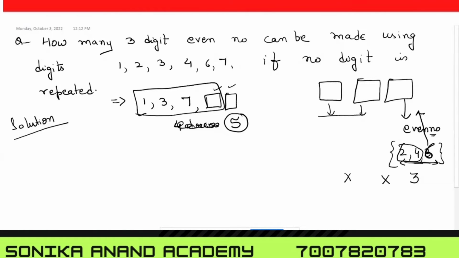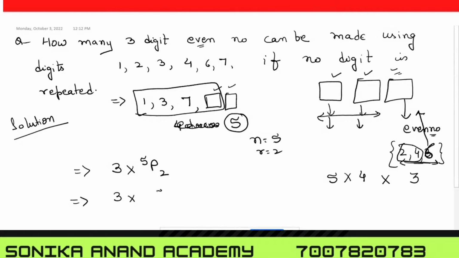How will you fill in these two? Either by 5 into 4, or we can use 3 into 3, 5 and 2, because we have to choose only for two places, as the third number is chosen ultimately for the even number. So n is equal to 5 and r becomes 2, because we have to fill these two places. So we got 3 into factorial 5.